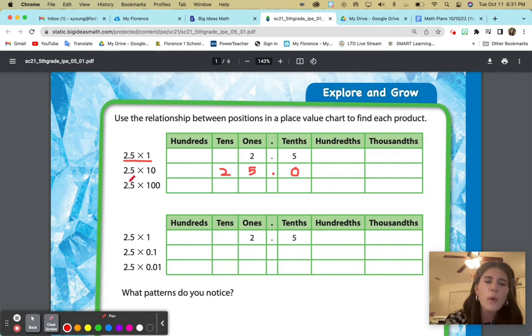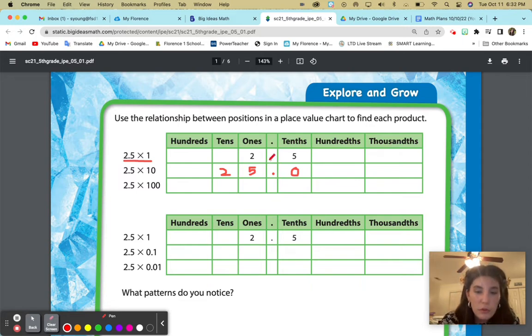Okay. Now, what happens if you think I multiply 2 and 5 tenths times 100, that second power of 10? Well, again, I'm going to move to the left. I'm going to move myself up the place value chart. So instead of moving myself up once, can you guess how many times I'm going to move myself? I'm going to move twice.